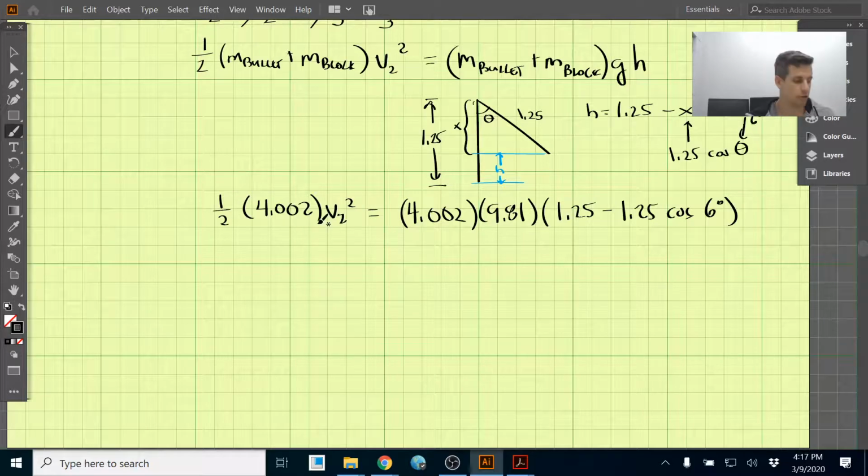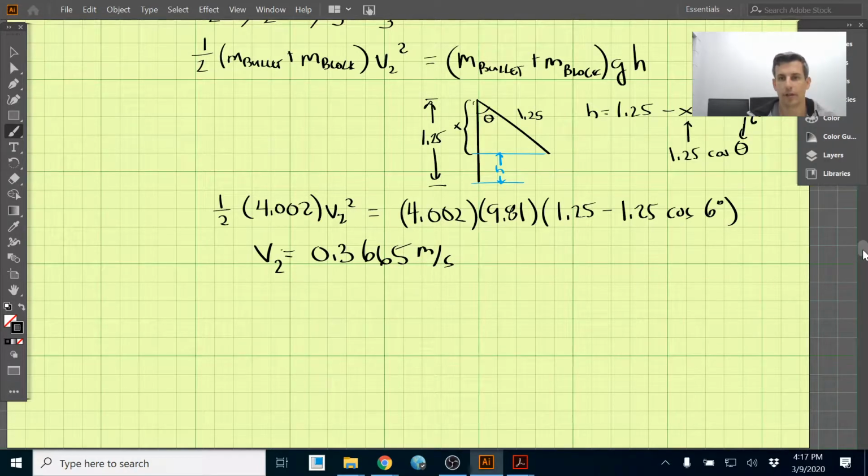All right, and solving for V2, V2 comes out to be 0.3665 meters per second.